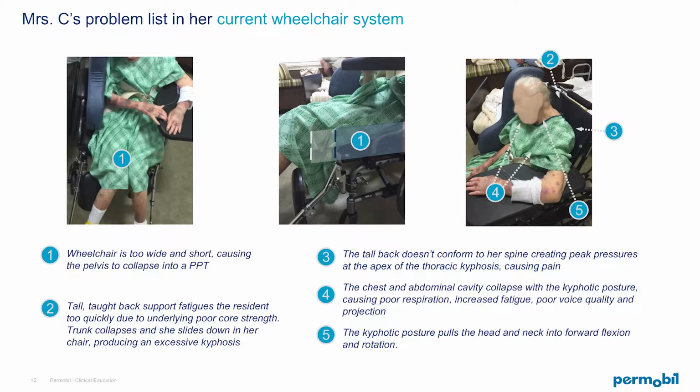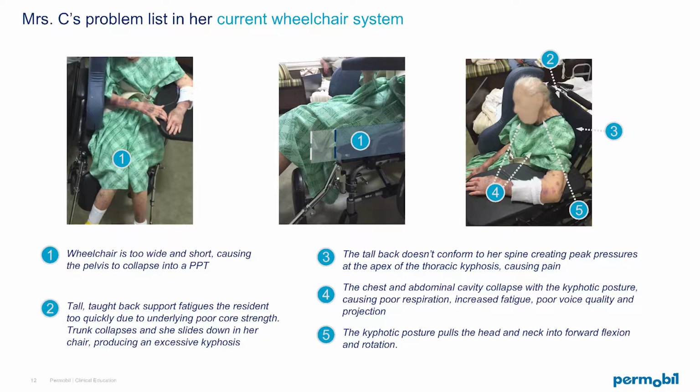So the third problem that we had with that back support is that it's also too straight, really lacking the ability to conform to her spinal curvature. And whether it's her, who has a very significant kyphosis, or you and I, who probably have a more neutral, normal-looking spinal curvature, we're not flat. So these straight back supports that don't support our natural curvature or an abnormal curvature really only make contact at wherever the apex of that curvature is.